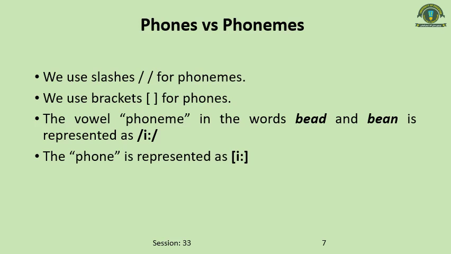Now look, the vowel phoneme in the words bead and bean is represented as E. This is a long vowel sound, pronounced E. But this time I am using this as a phoneme, so you can write within slashes B, E, D, bead, and then B, E, N, bean.